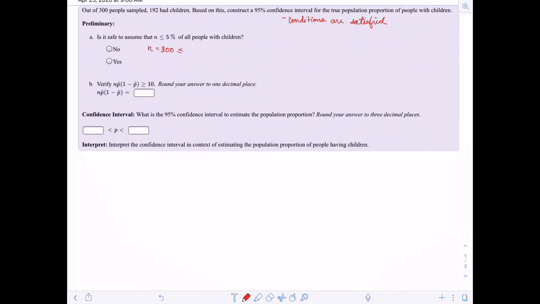Is that less than or equal to 5% of all people with children? Well, yeah, it doesn't even designate a country, so the entire world, definitely. So yes. This will tell us that the samples are independent. The next one will tell us that the sample comes from an approximately normal distribution.